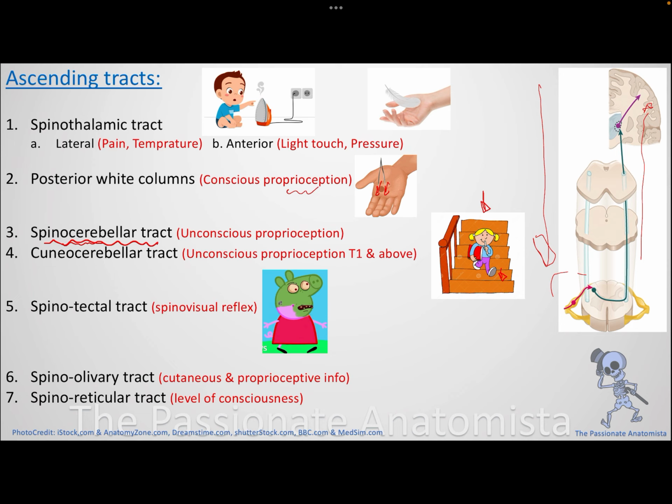Okay, so it's the unconscious proprioception that your body is getting based on the muscle function of your lower limbs. Your lower limb is just trying to touch the stair and it's trying to understand how far should I go in the stair. This is the information that is carried by the spinocerebellar tract.